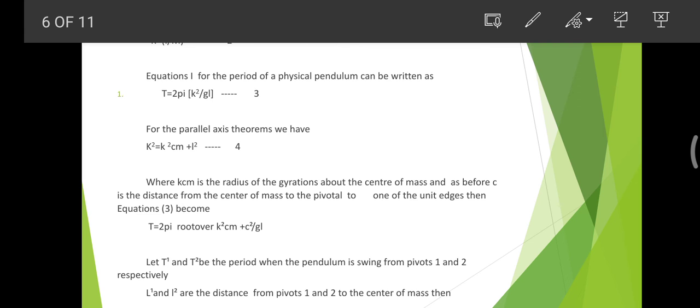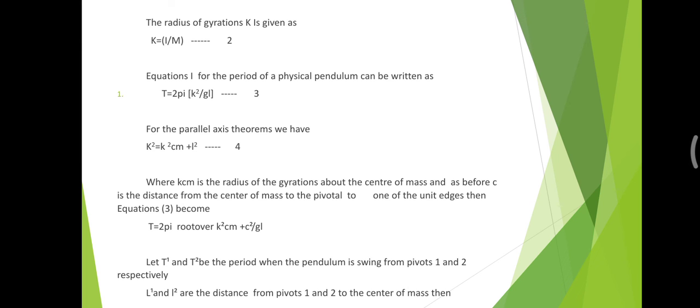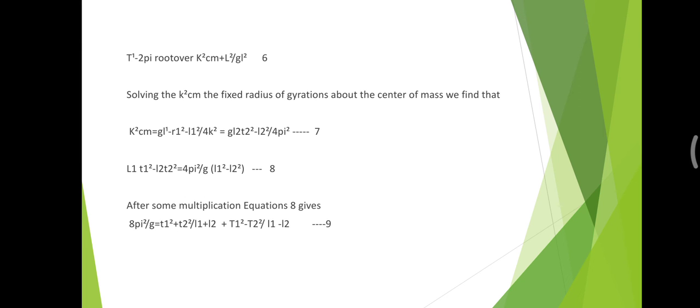Let T1 and T2 be the periods when the pendulum is swinging from pivot 1 and pivot 2 respectively. L1 and L2 are the distances from pivot 1 and pivot 2 to the center of mass. Then T1 = 2π√((k_cm² + l1²)/gl1), equation 6.